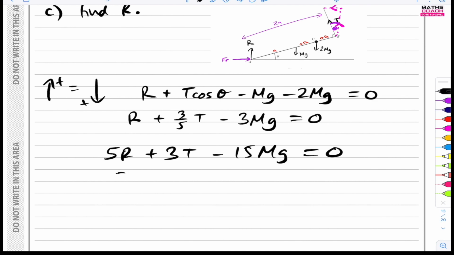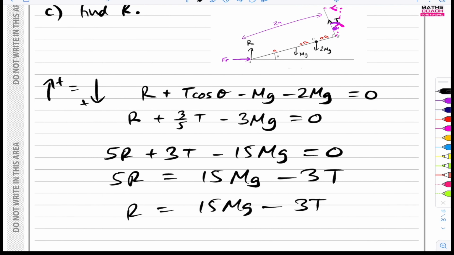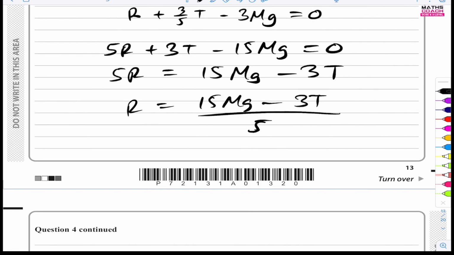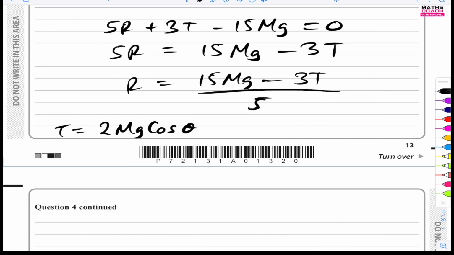So now let's take 5R on its own. It's going to be 15mg minus 3T, and then we're going to have R equal to 15mg minus 3T over 5. And then we also have T equals, what was T's value? 2mg cos theta. So we know cos theta was 3 over 5.